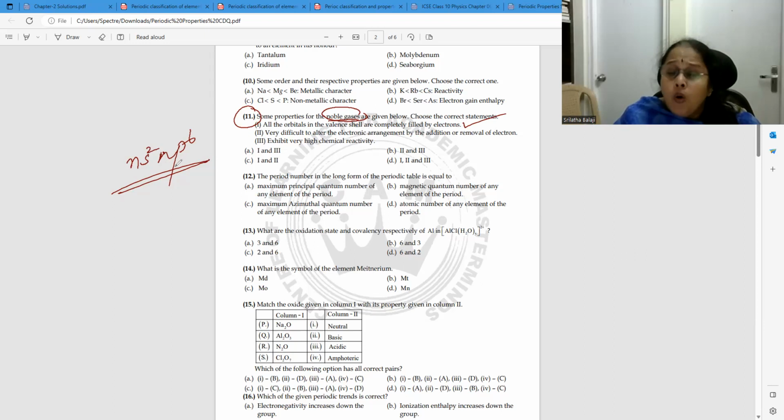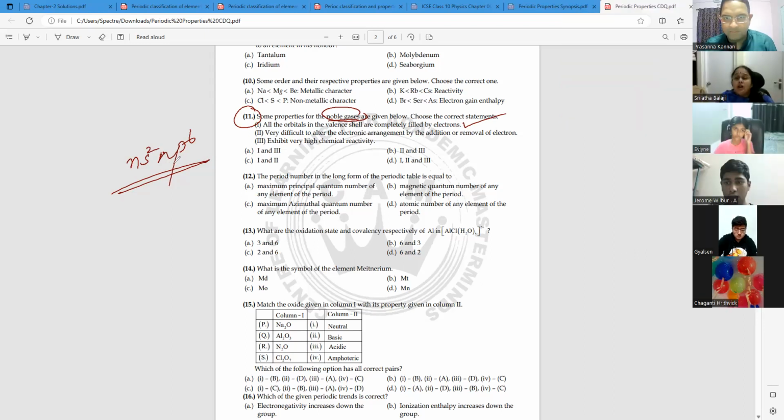When you say octet configuration, it means the outermost shell has 8 electrons. The 8 electron configuration is ns2np6. And it's very difficult to alter the electronic arrangement by addition or removal of electrons. Is it true? Somebody answered that it is stable.